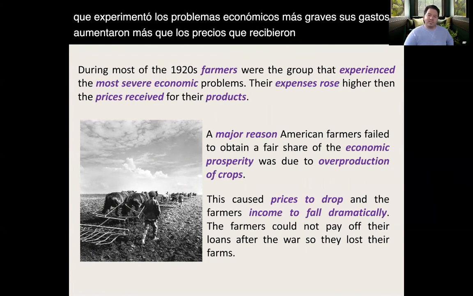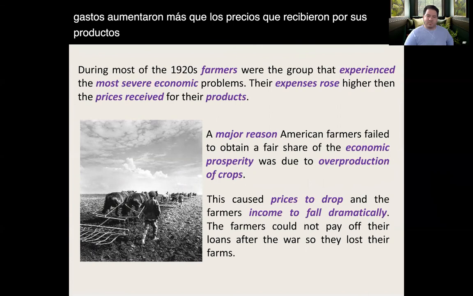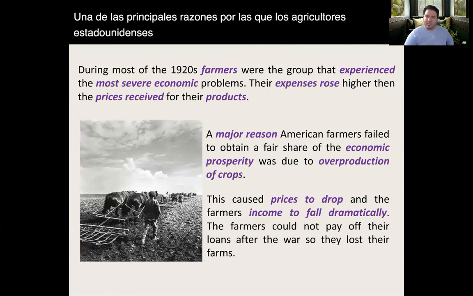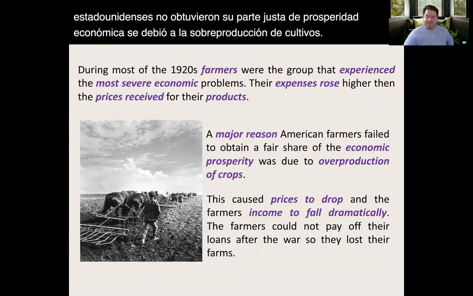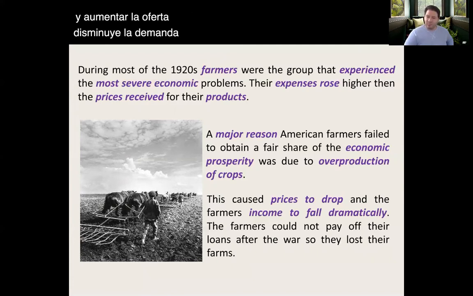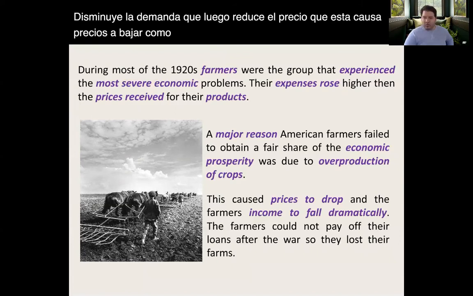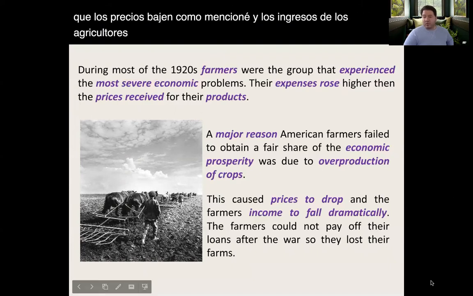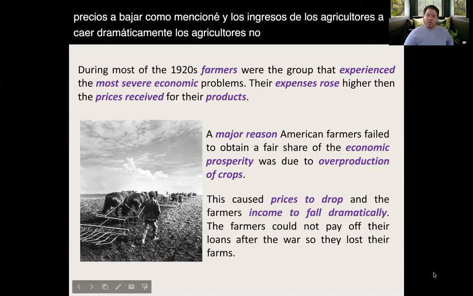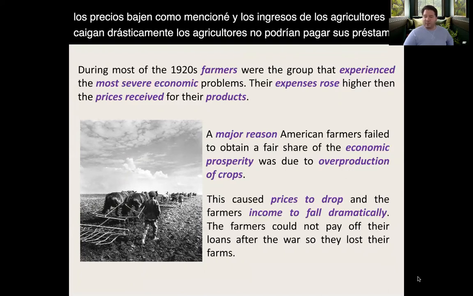A major reason American farmers failed to obtain their fair share of economic prosperity was due to overproduction of crops. An increased supply lowers the demand, which then lowers the price. This caused prices to drop, as I mentioned, and the farmers' income to fall dramatically. Farmers could not pay off their loans after the war, so they lost many of their farms.